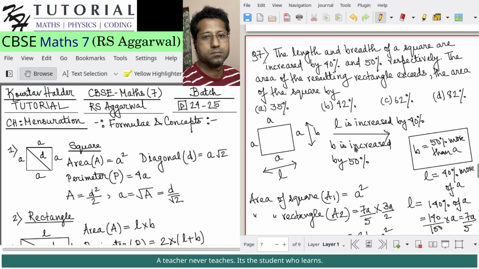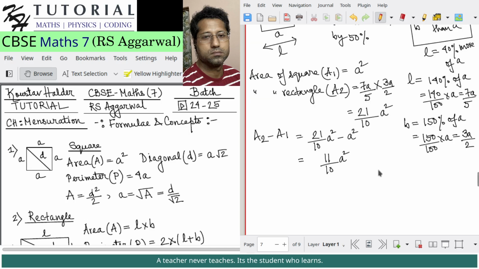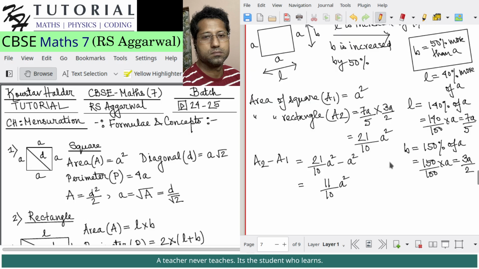So the question was, the area of the resulting rectangle exceeds the area of the square by how much percentage? A2 minus A1 is equal to 21 by 10 A square minus A square, which is equal to 11 by 10 A square. So 11 by 10 A square is the amount by which the area of the rectangle is more than the area of the square.